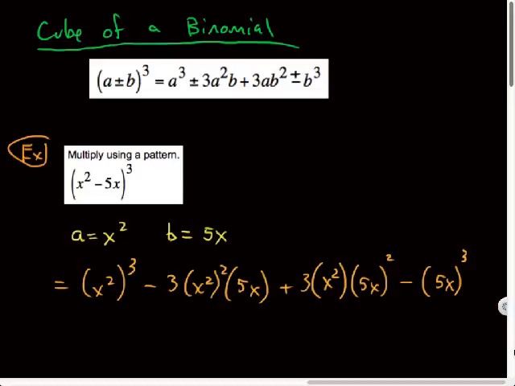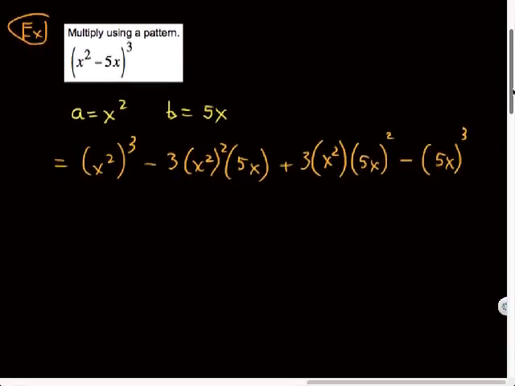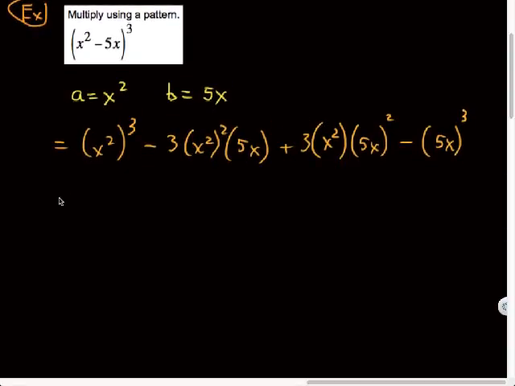So, good stuff. Now I just have to go through and simplify some of this. x squared cubed is x to the 6th. I'll do a couple steps of work here. This is the same as negative 3 times x to the 4th times 5x, because of the x squared squared.